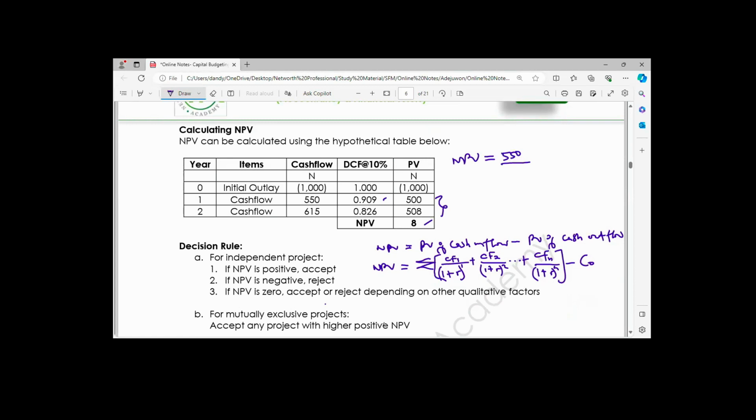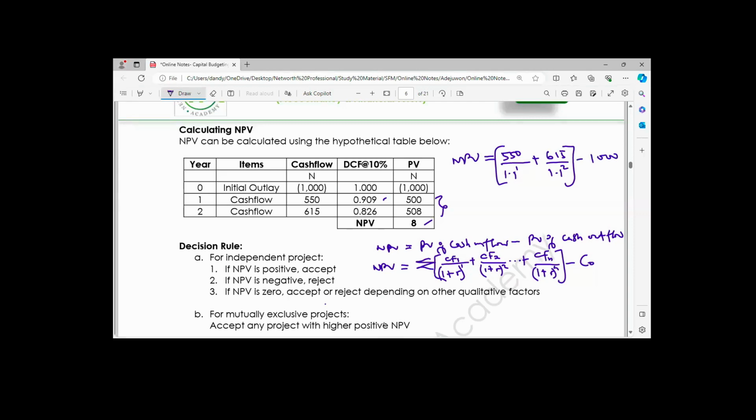My discount factor is 1 plus R. R is 10%, so that will be 1.1 raised to power year 1, plus cash flow of year 2, which is 615 divided by 1.1 raised to power year 2. Year 2 is the final year. Therefore, I don't need to stress myself. I would then say minus cash flow of year 0, cash outflow. Cash outflow is 1,000. So minus 1,000.